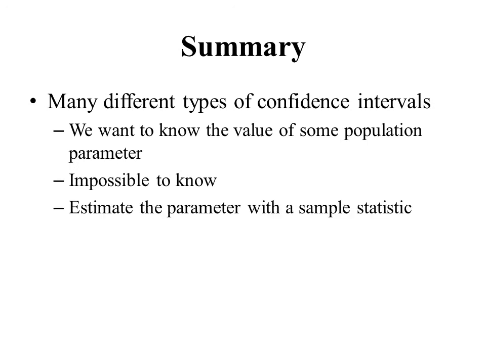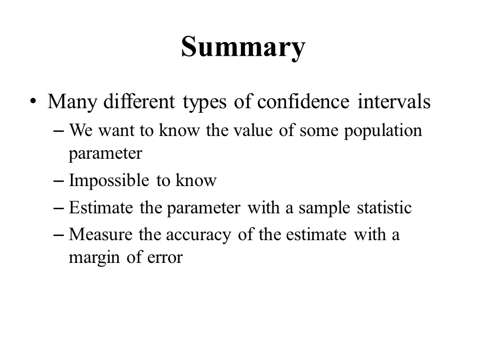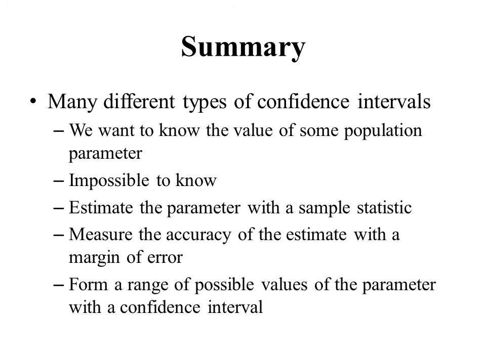So instead, we estimate the value of the parameter or the parameters with sample statistics, and that gives us a point estimate of the parameter. But then we want to measure the accuracy of this estimate with a margin of error, and then based off of that margin of error, we calculate a range of possible values for the parameter with a confidence interval.